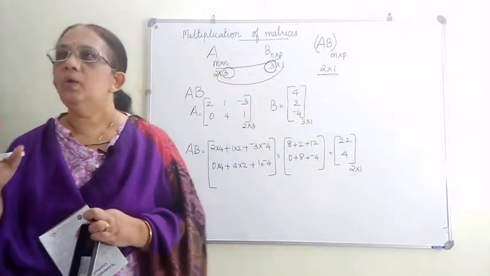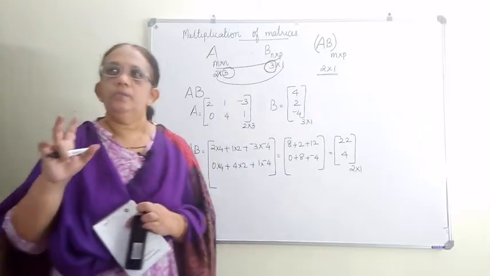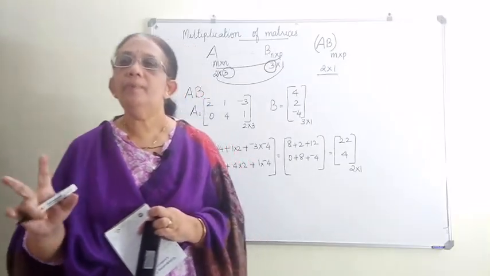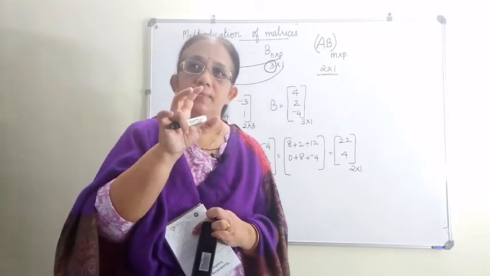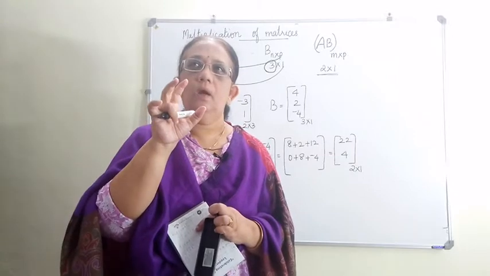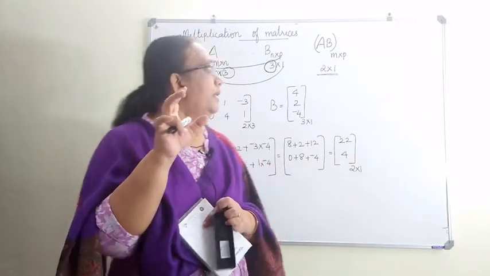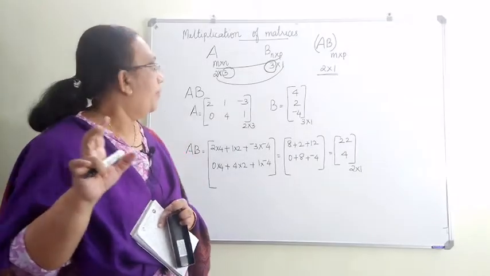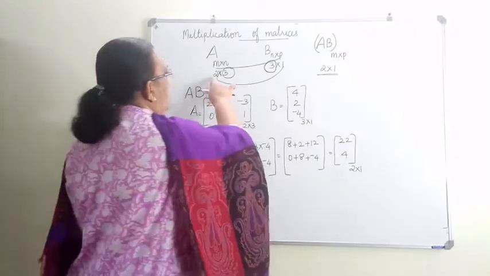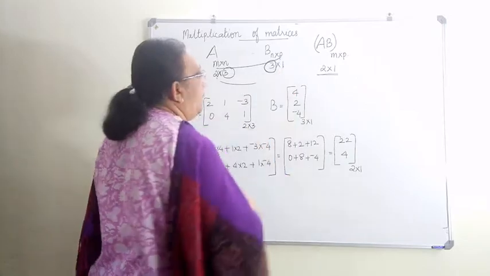So, what is the property for multiplication? Two matrices are conformable for multiplication if the number of columns of the first matrix is equal to the number of rows of the second matrix. Then the answer will be m by p.